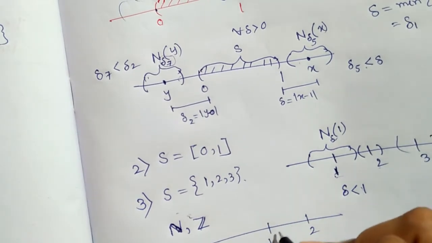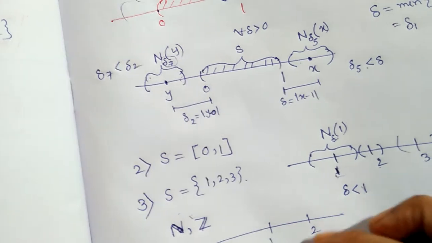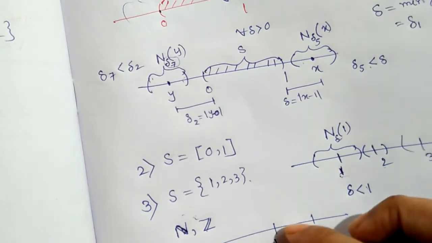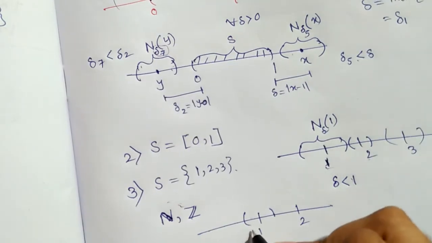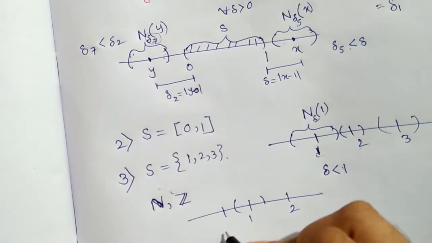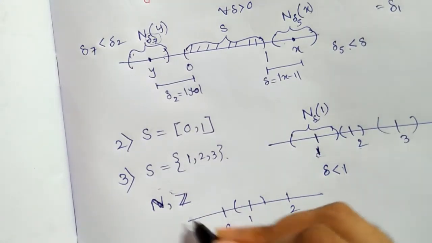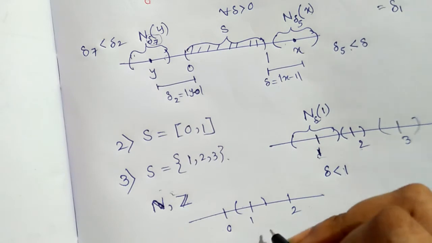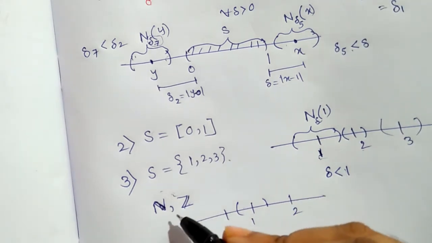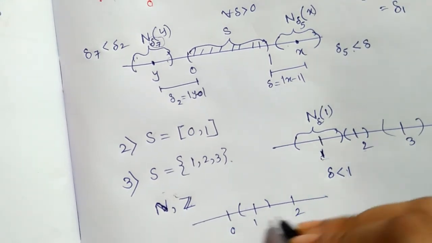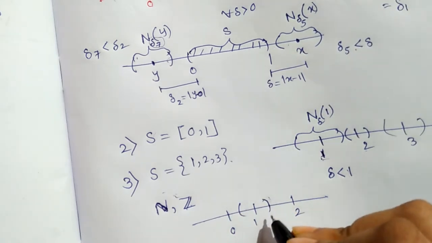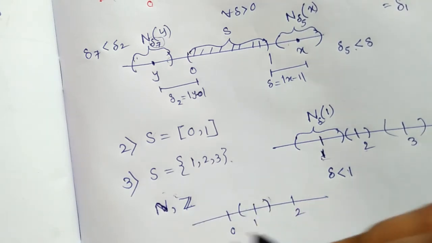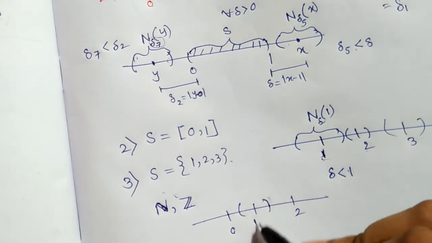We can calculate the distance between any 2 points, and since there is a gap, we get a neighborhood which contains no point of this set other than that point 1.